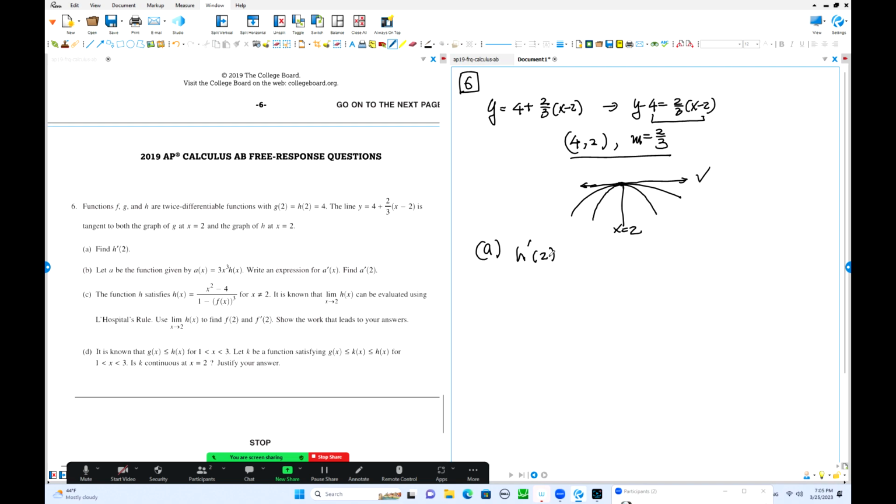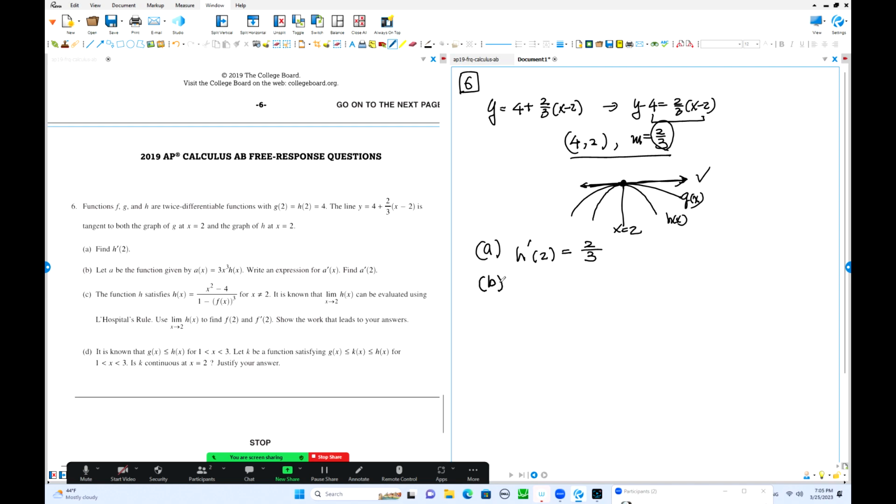The derivative at x equal 2 on the h. One of these was g of x, the other one is h of x. So h prime 2 is the slope of this tangent line. It's the same point, so it's going to equal 2/3. This is a very easy one. 2/3 is the answer, because this is the derivative at x equal 2, the slope of the tangent at this point.